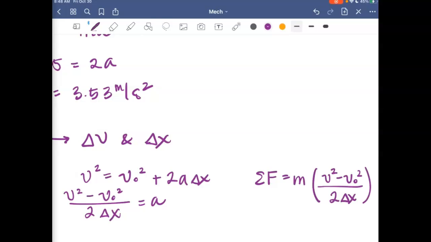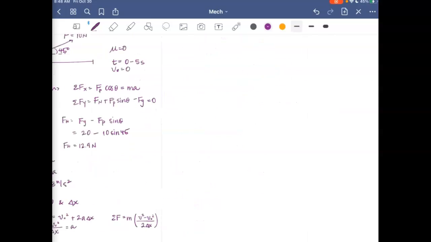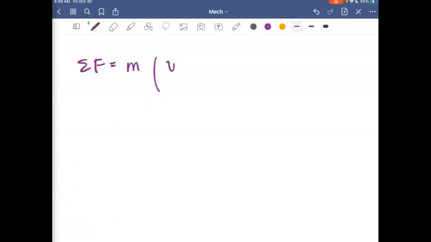Let me rewrite this quickly: v squared minus v initial squared over 2 delta x is what we have there.